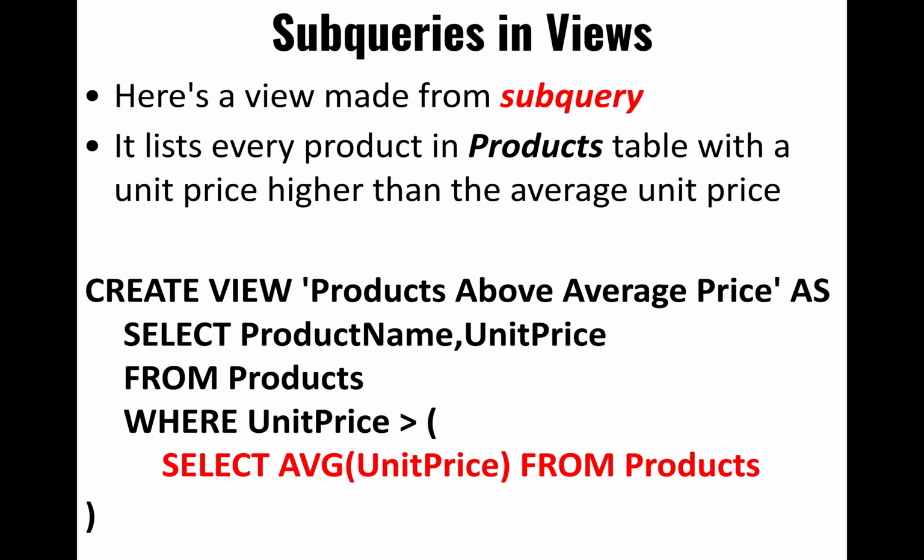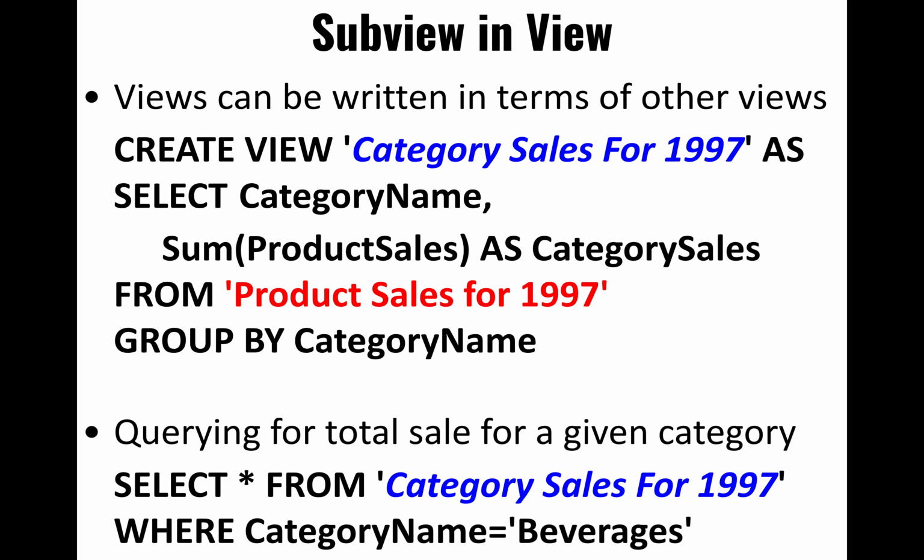So here we have another query where we are doing a subquery, or you have a view within a view. Once you create a view, you can very easily create other views in terms of previous views. Here, for instance, we're creating the view category sales for 1997, which is written in terms of a select statement whose from clause is another view.